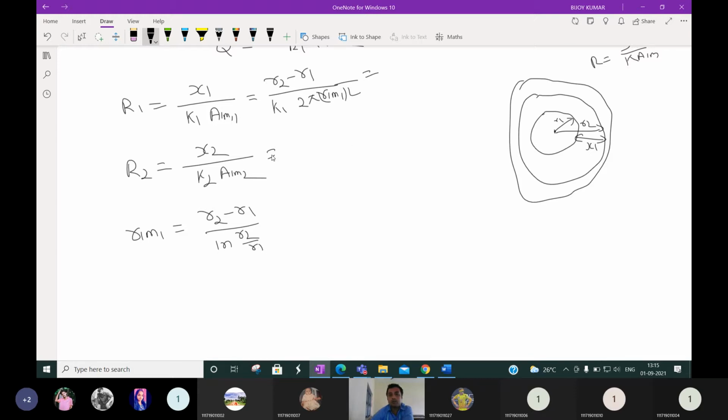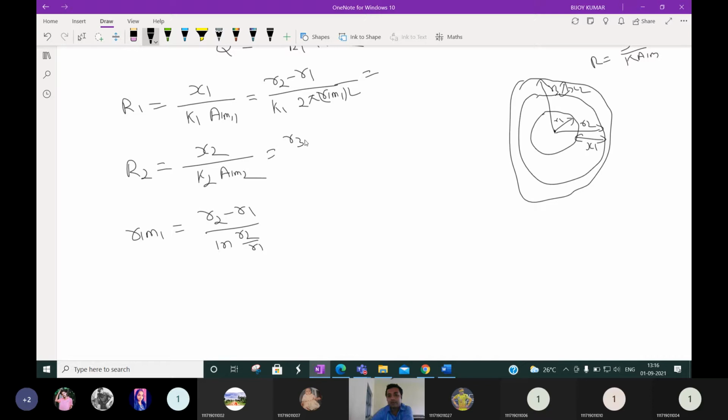Then similarly, what is X2? X2 is the thickness of the cork material. So this is X1 and this is X2, the thickness of the cork material, and this radius is R3. So if you do R3 minus R2, that gives the thickness.